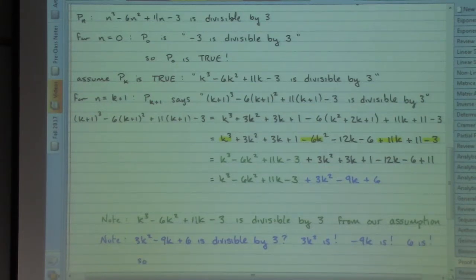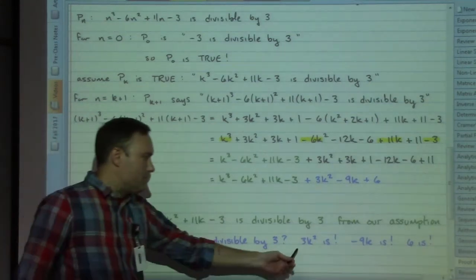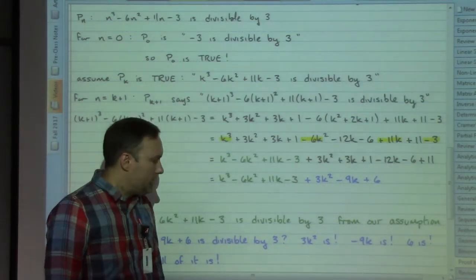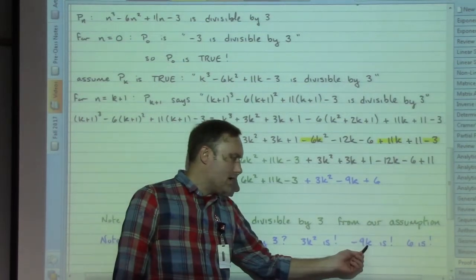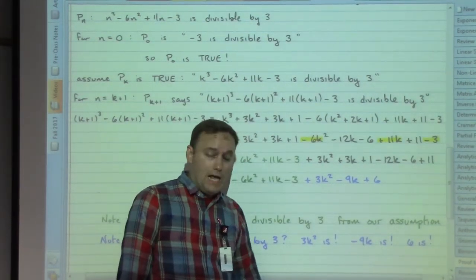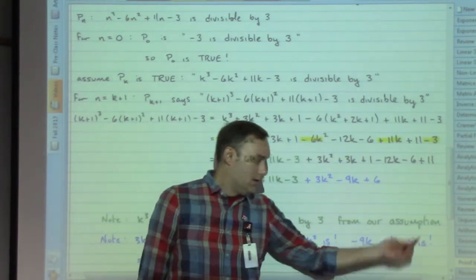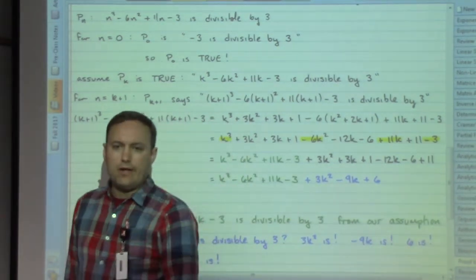So all of it is. 3k squared: no matter what k squared is, because we got that coefficient of 3, that sucker's divisible by 3. No matter what k is, because we got a coefficient of 9, 9's divisible by 3. And 6 is definitely divisible by 3.